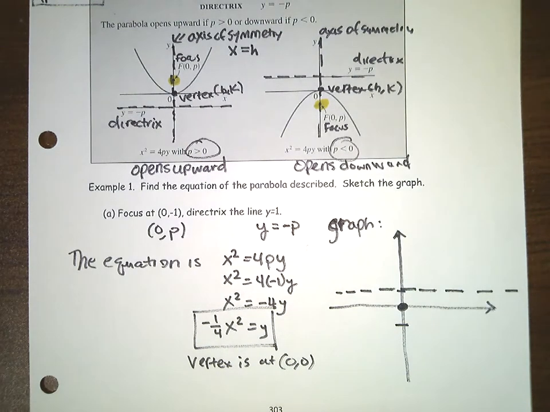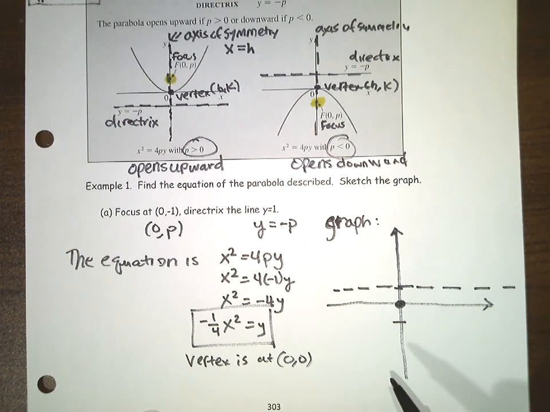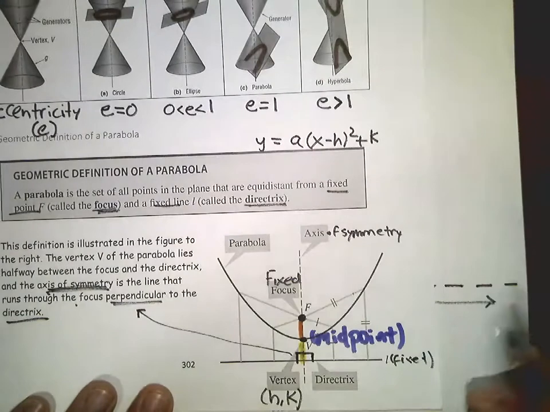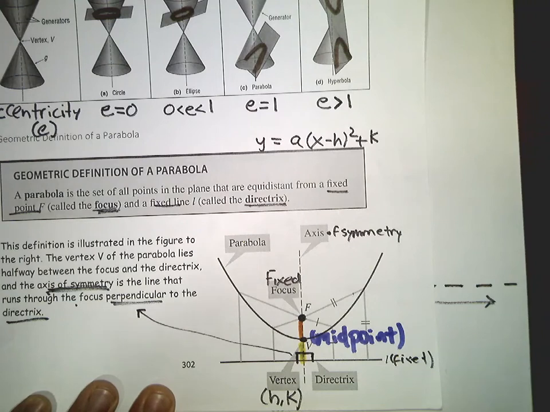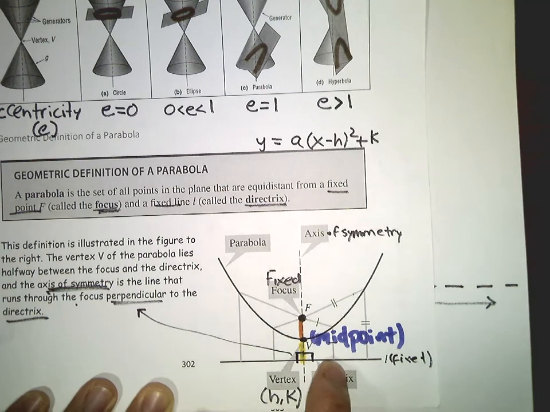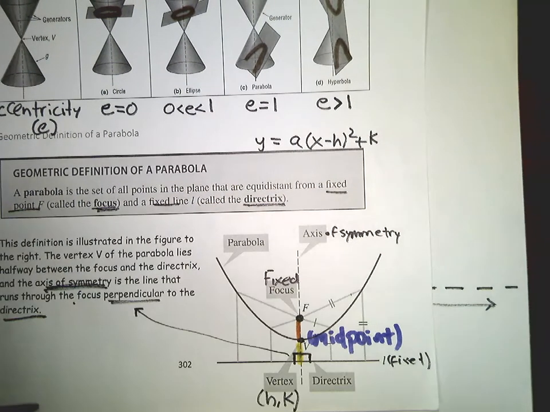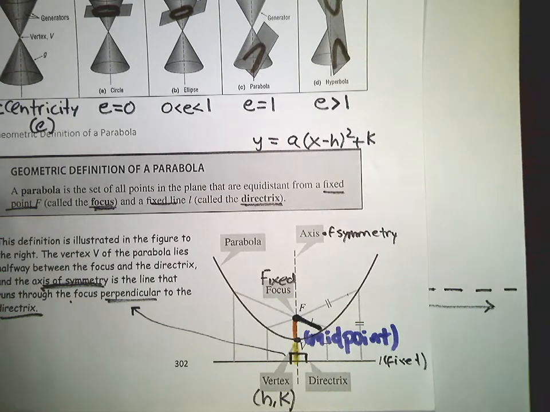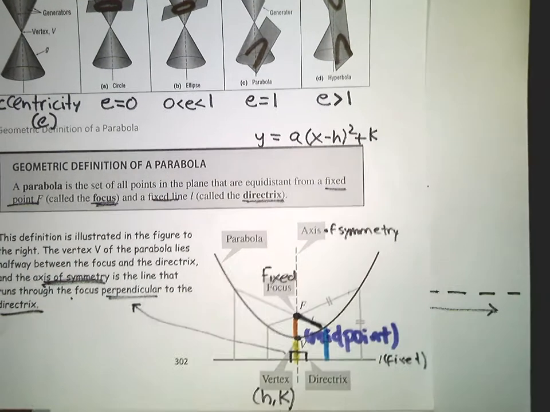So what I know is that the directrix and the focus are, well, let's look at the graph again, just so that you're clear on this. See, the focus and the graph, and the graph and the directrix are the same distance. So again, what I'm saying is that this distance right here is equal to this distance right here.